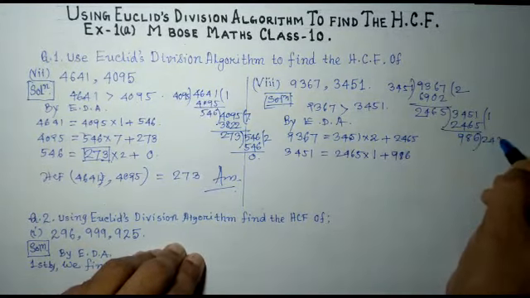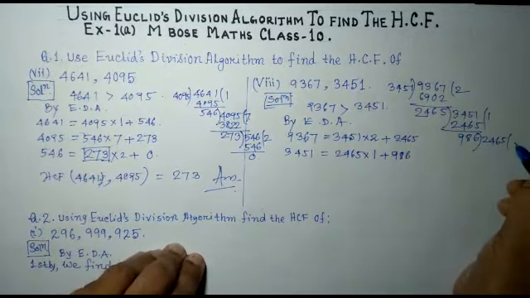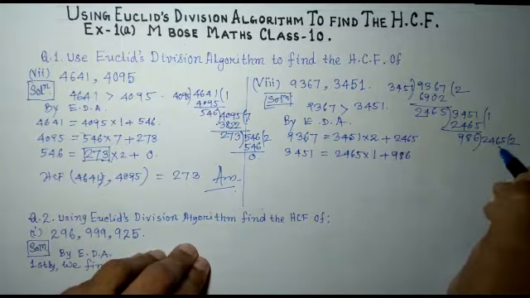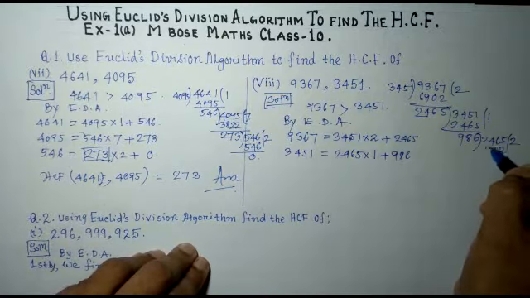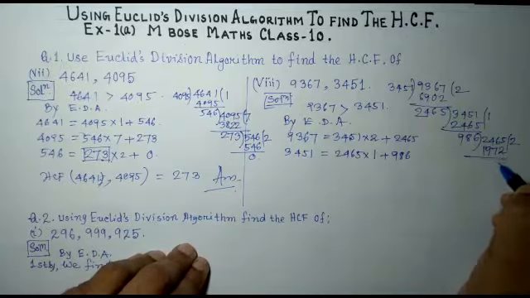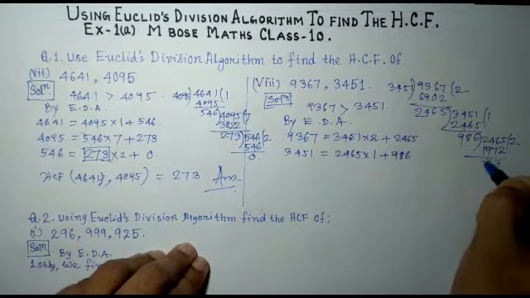2465. See how many times it will go. Only 2 times will go. If we multiply by 2, we subtract and get 493.